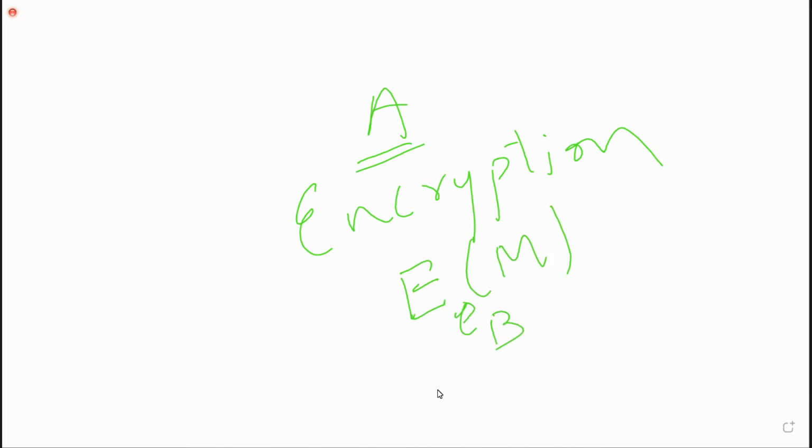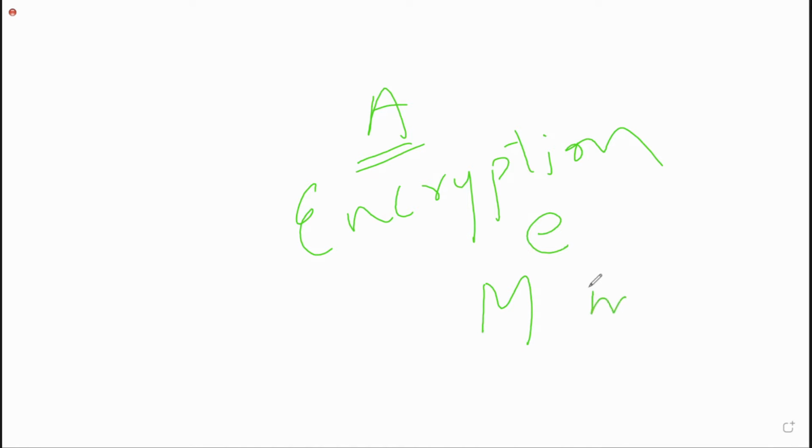Some formula will be applied. The message is M. The sender has the plain text M, and the public key of the receiver, that is E and N.